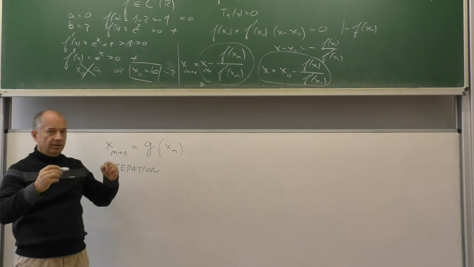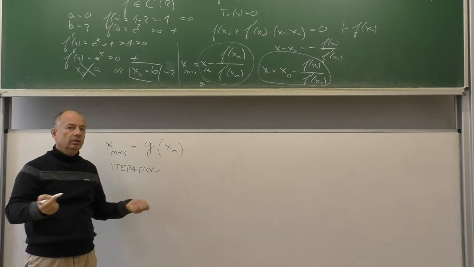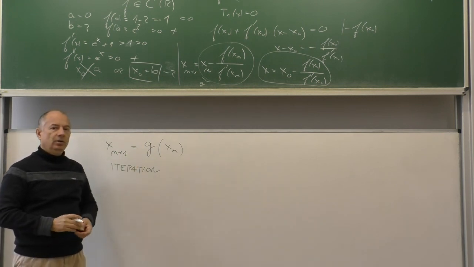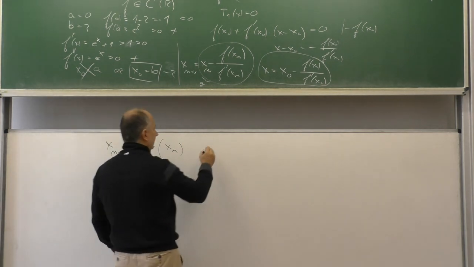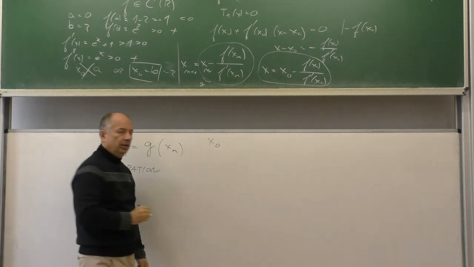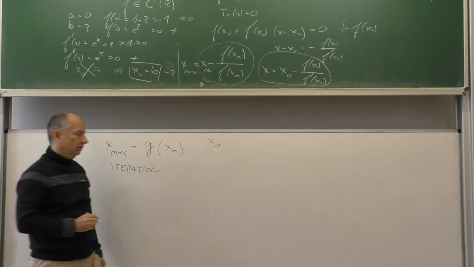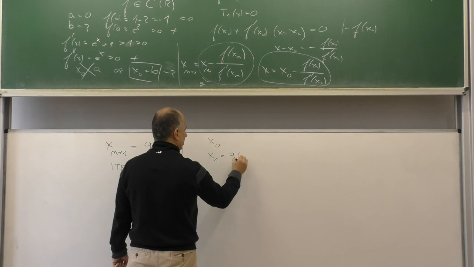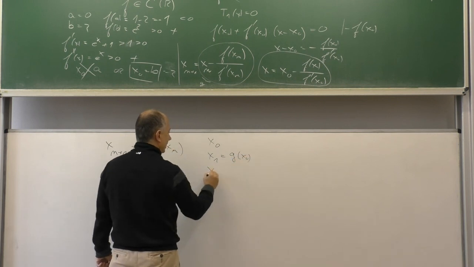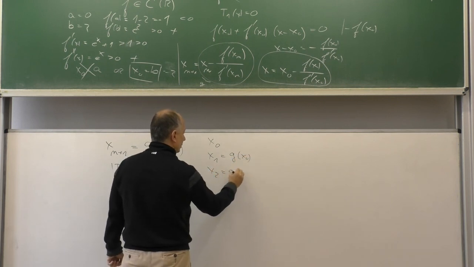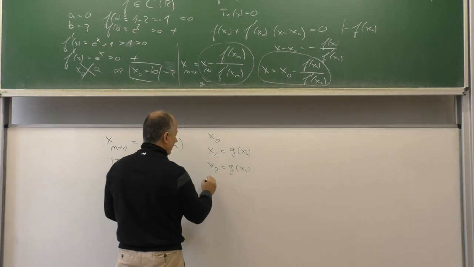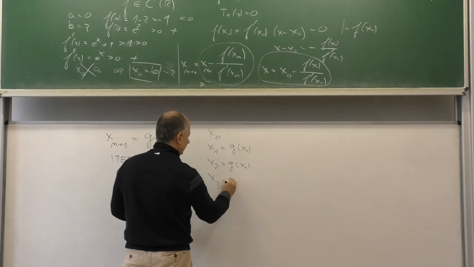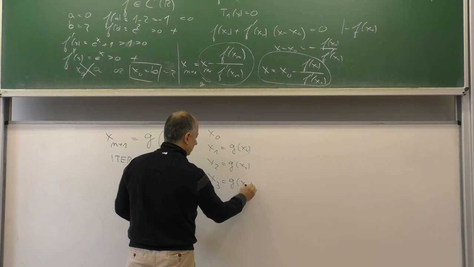That means we apply the function on and on to one original value x0 in this case. That means starting with the initial approximation x0, we compute x1 to be g at x0, and then we compute x2 to be g at x1, and then we compute x3 to be g at x2, and so on.